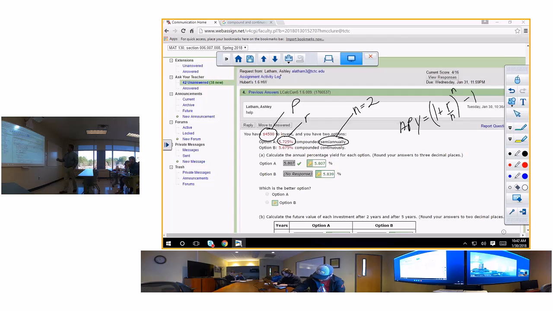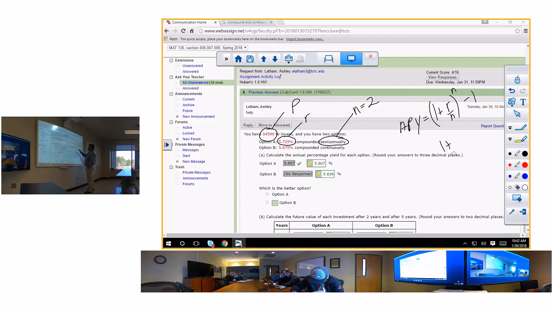One thing you can remember, all of these are going to be the same no matter what formula you use. So 1 plus the first one, 5.725, which is 0.05725 over 2. We raise that to the second power and minus 1.